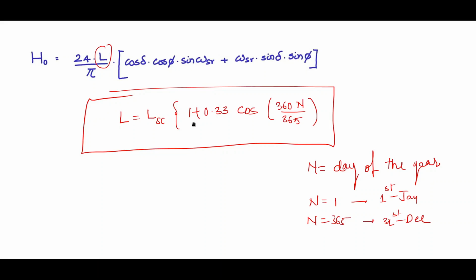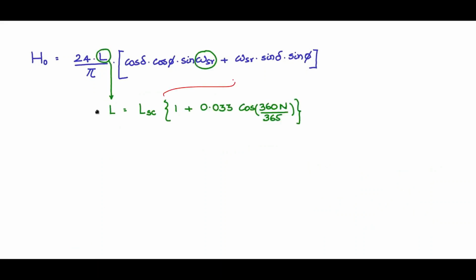Okay, so let us take it as a constant for our use. I am going to take this factor as K. So the L value, the insolation value, will become LSC into K, where LSC can be replaced with a constant 1.37 kilowatt per meter square.